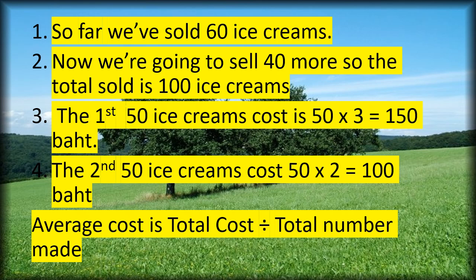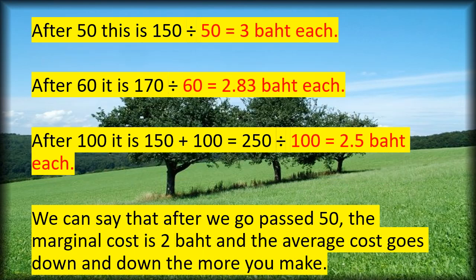So far we've sold 60 ice creams. Now we're going to sell 40 more, so the total sold is 100 ice creams. The first 50 ice creams cost 50 times 3 equals 150 baht. Second 50 ice creams cost 50 times 2 equals 100 baht. So the average cost is total cost divided by total number made. After 50, this is 150 divided by 50 equals 3 baht each.